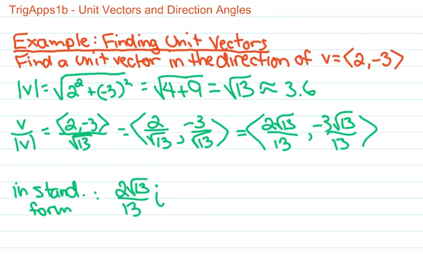That's the ai, and then plus a bj, and I'm noticing that it's negative, so -3 root 13 over 13 j, and that's in standard form. Oops, oh my goodness, not a -3 there. So I could say plus a -3 root 13 over 13, or just say minus. All right, and that is just finding a unit vector in component form and standard form.